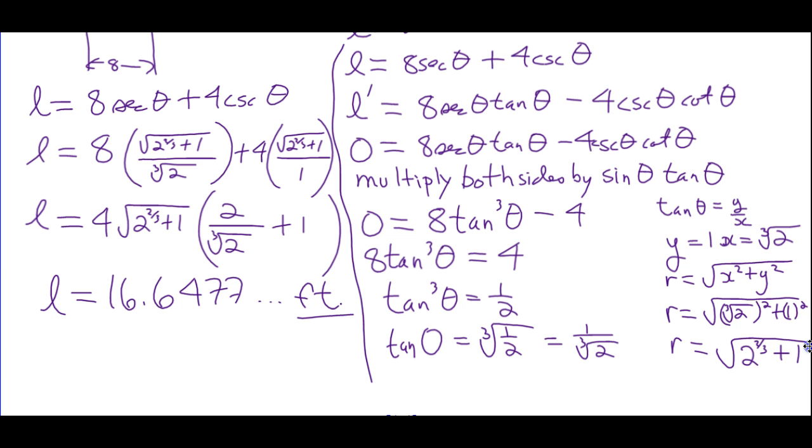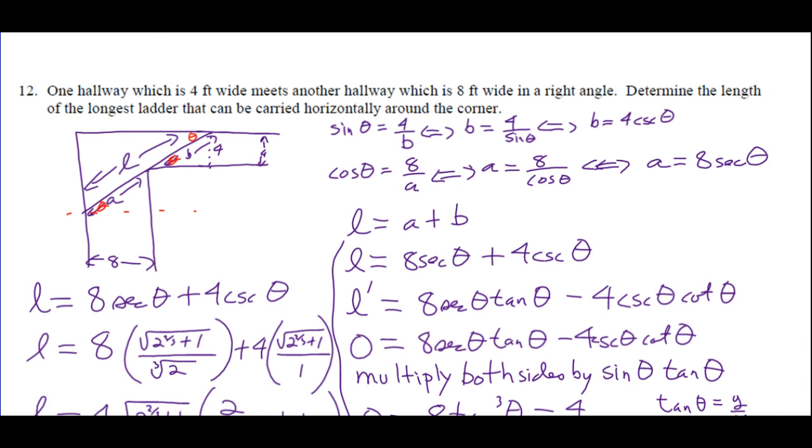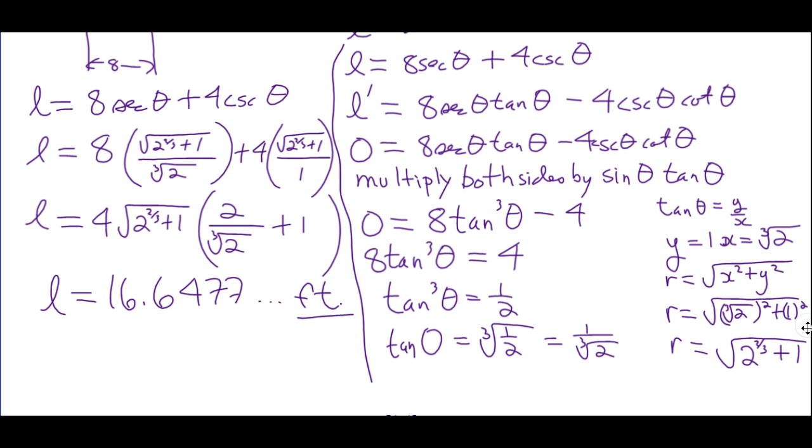R squared is x squared plus y squared, right? Or r is the square root of x squared plus y squared. I got that out of math 30-1. Classic. Okay? There's no r in the diagram. No R. R is simply used so that I can get the exact value of secant and cosecant. Secant's 1 over cos, so it's R over x. And that's R over y.